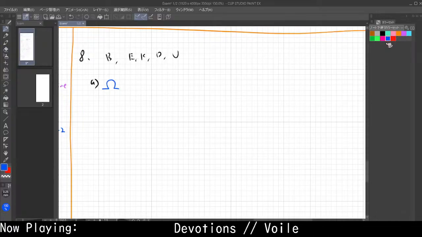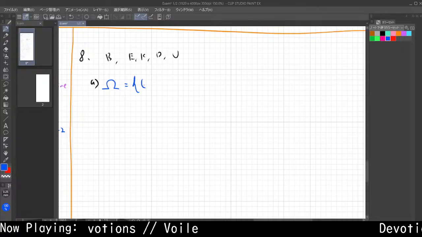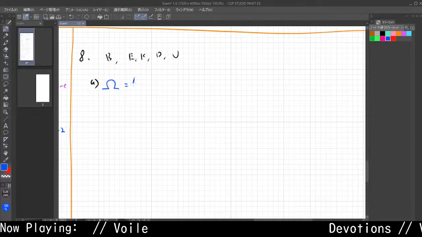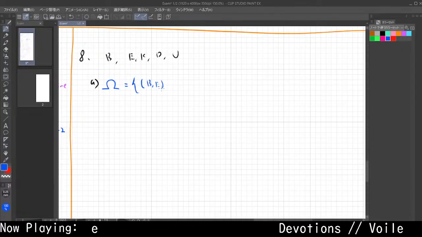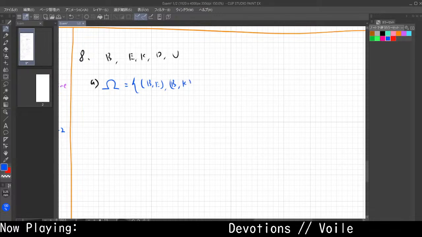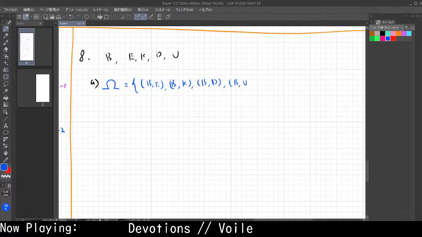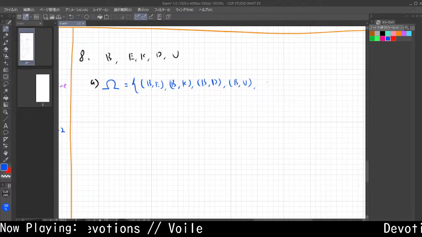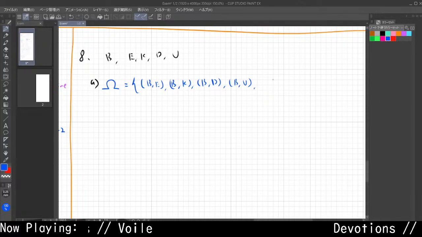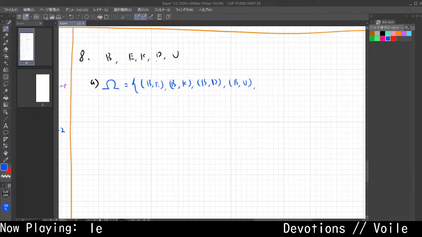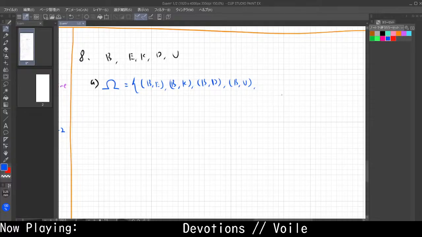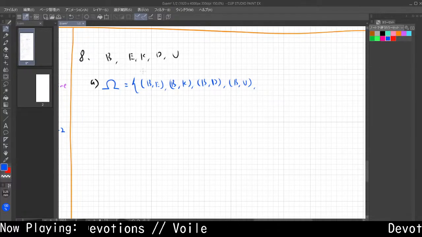The omega is a sample space, and in this case, it basically doesn't want to write everything. So let me just write out 1 round. So BE, BK, BD, BU, and then just repeat. But okay, so the idea is that you basically encounter every single possible outcome by going through in sequence.